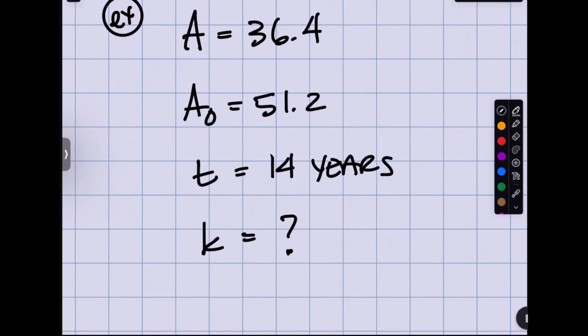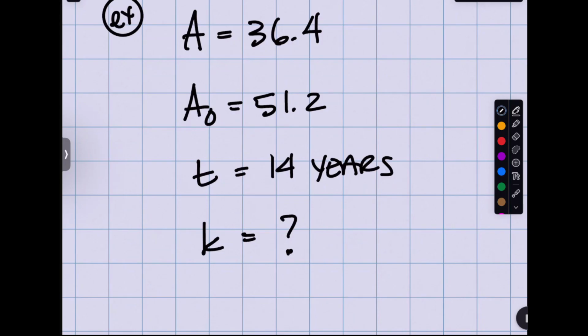Is the k going to be positive or negative? No idea? He says negative. Anybody else? Would you like him to explain why it's negative? Why is it negative?